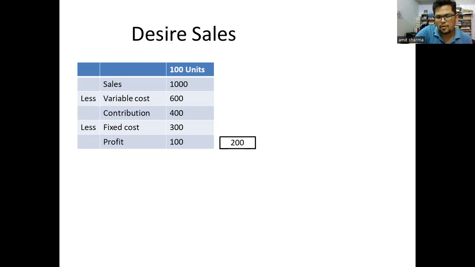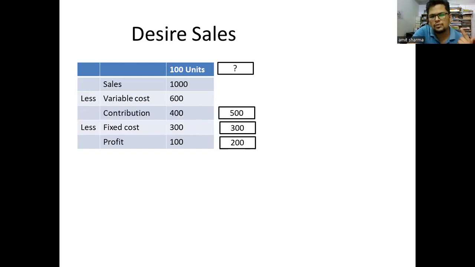If the profit is 200, definitely our fixed cost of 300 also matters. So to make 200 rupees as profit, we need 500 rupees as contribution. Am I right or wrong? Yes. And 40% is the contribution.